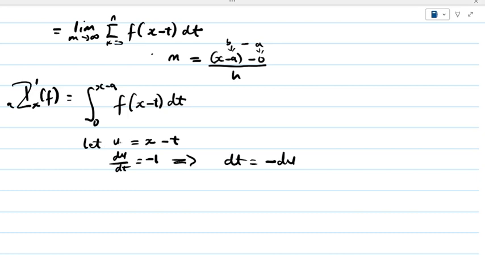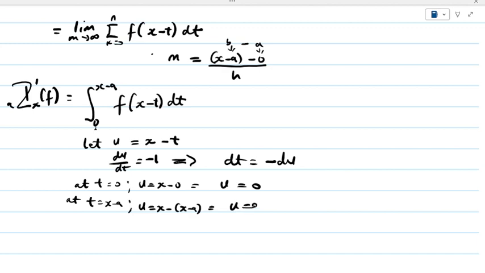And since we are transforming to u, we have to do something with our limits, which are the values of t. So let's first take t equals 0, then u equals x minus 0, which is x. Also the upper limit, at t equals x minus a, we have u equals x minus (x minus a), which is a.